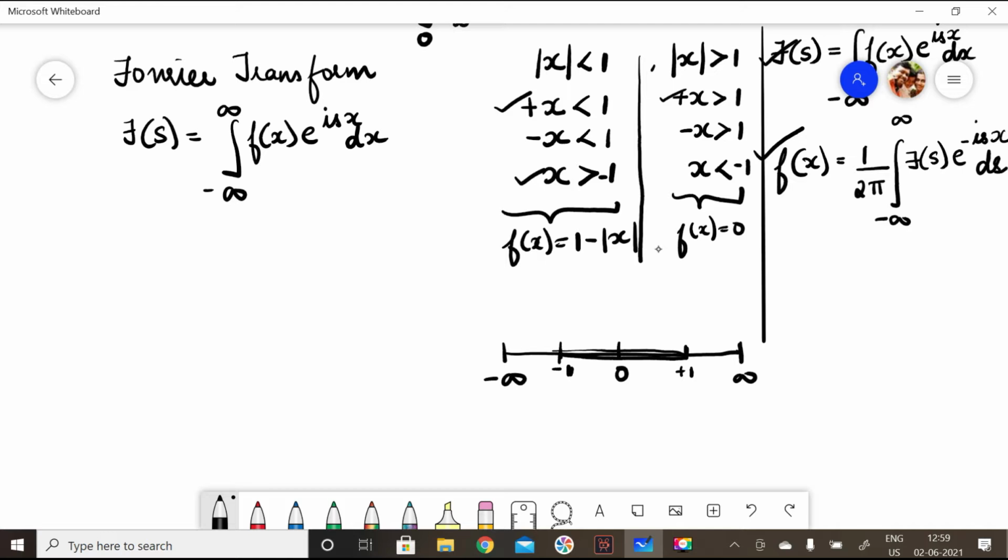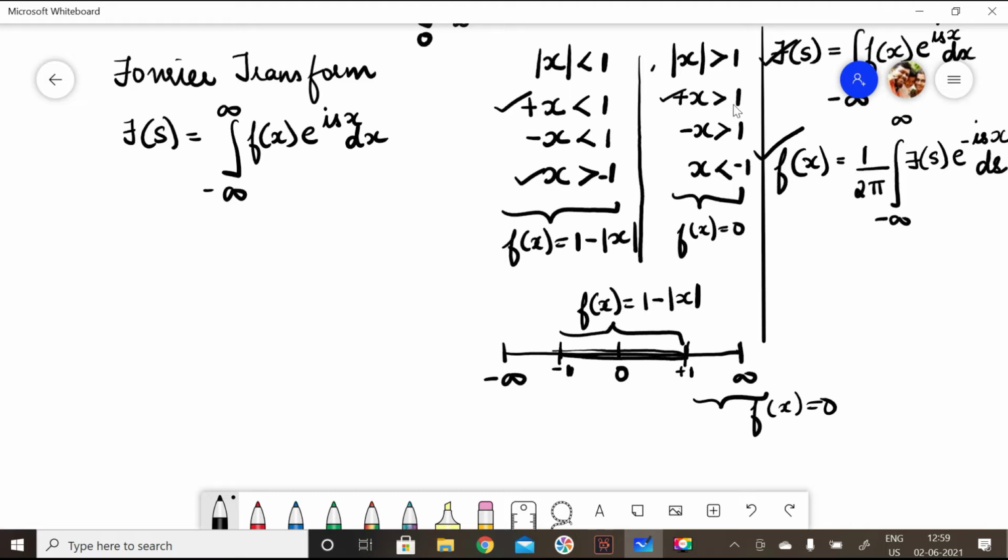Combining both, for minus 1 to plus 1, my function f of x is 1 minus modulus of x. For the remaining part, x greater than 1, my f of x is 0.